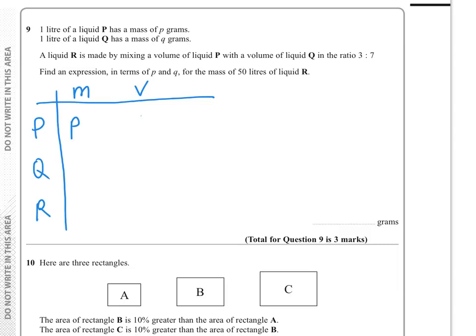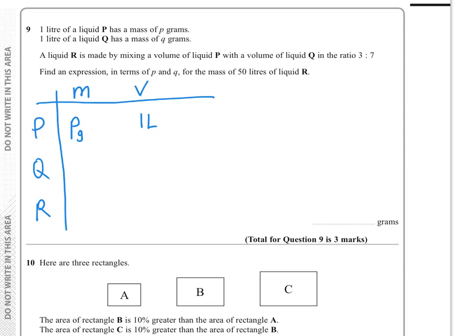Question 9. I find this question quite difficult, so I might just draw a little table to help me here. If we have liquid P, liquid Q, and liquid R, we know that the mass of liquid P for 1 litre is p grams. So if we just write 1 litre here, that's p grams.